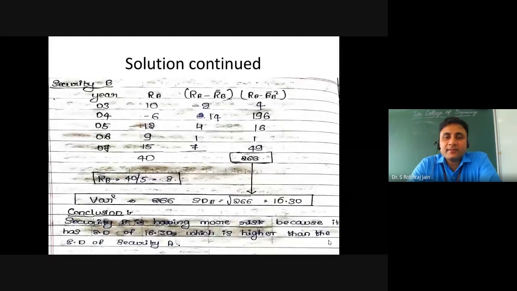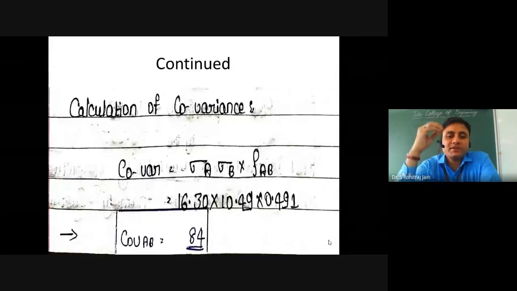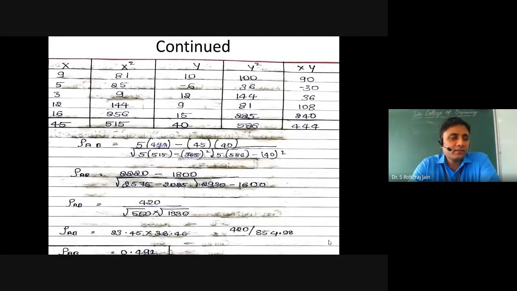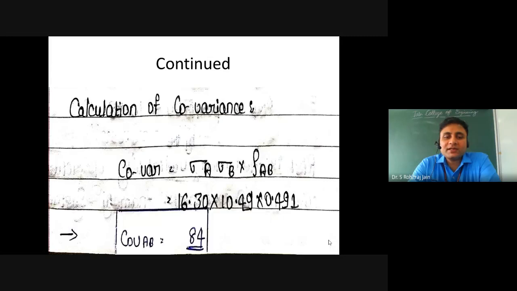Correct? So 16.3 multiplied by 10.49 multiplied by the correlation coefficient we just calculated between security A and security B, that is 0.491. Okay, at the bottom you can see the correlation coefficient. Clear? So I get the covariance of stocks A and B to be equal to 84.